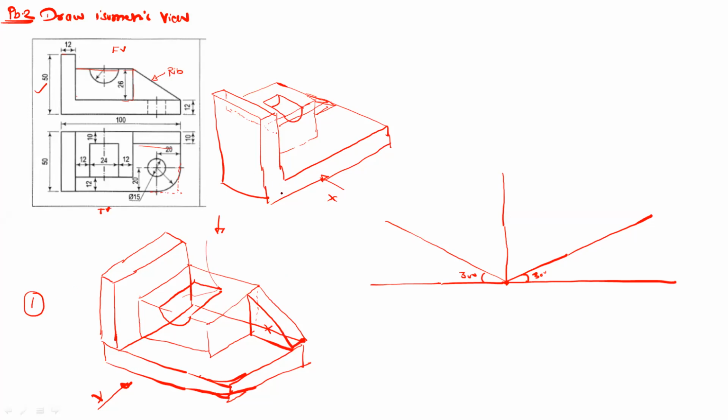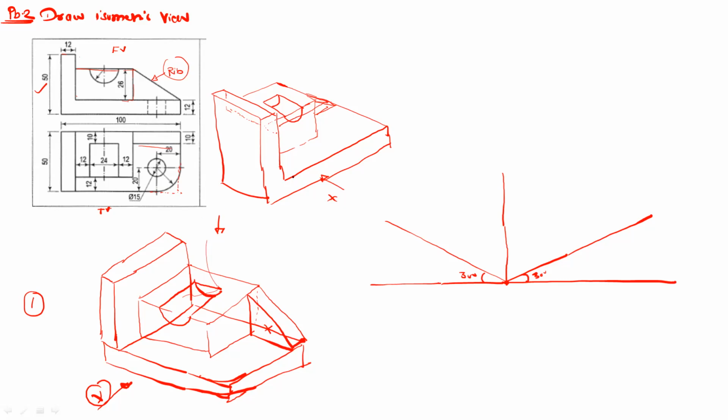Even you can draw the view in the other way, but in the first view, all the features, that means this rib, this semicircular slot, this vertical plate, this base plate, are clearly visible if you observe from this X direction. That means if you prepare the view by assuming the left direction as the X direction, that is the front view, then you can observe all the features in the 3D view clearly.